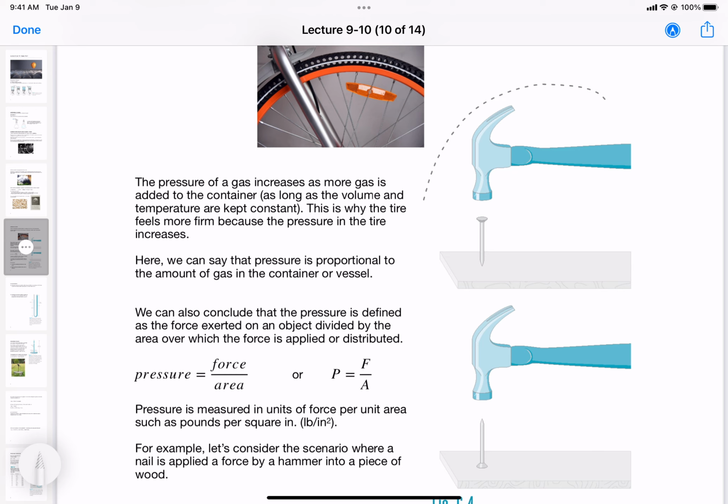That's why in this top scenario, when you hammer the nail, there's going to be more pressure experienced by the board from the tip of the nail rather than the head. The force is the same because the hammer, which carries the force transferred to the nail, is the same, right?